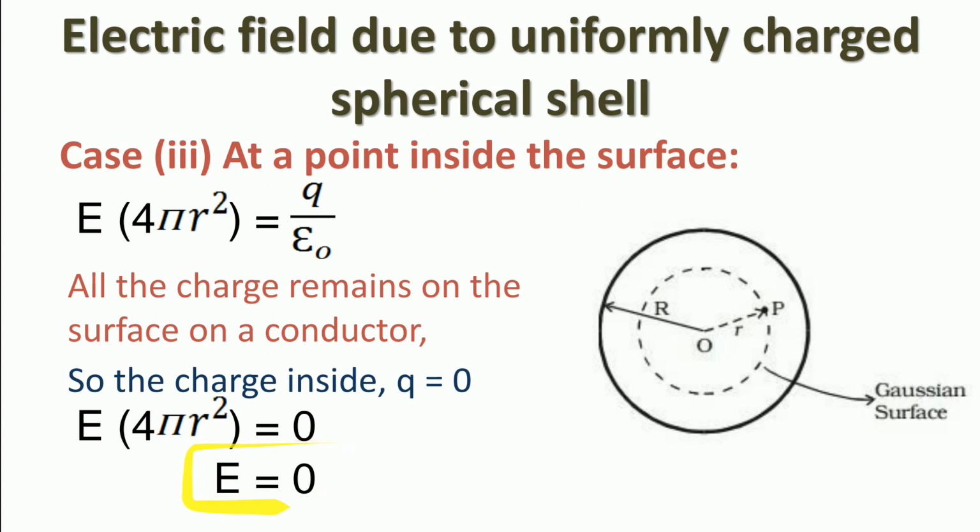So in case of a conductor shell, the electric field inside the spherical shell will be 0, because the charge inside is 0, as all the charge of a conductor remains on the surface. So the electric field inside a uniformly charged spherical shell will be 0. So these were the 3 applications of Gauss' theorem.